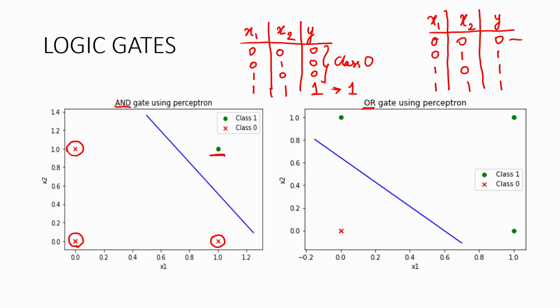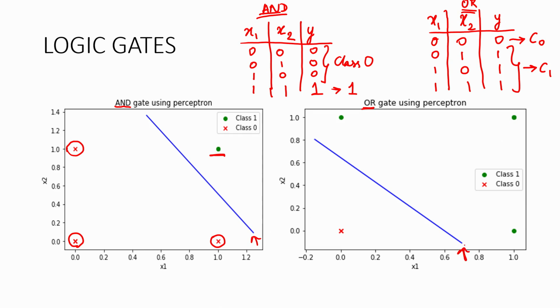So, here this belongs to class 0 and all these belong to class 1. So, this is in the case of the AND gate, this is for the OR gate. So, since the data is linearly separable, in both the cases the perceptron algorithm was able to converge and identify a hyperplane that can separate the two classes.